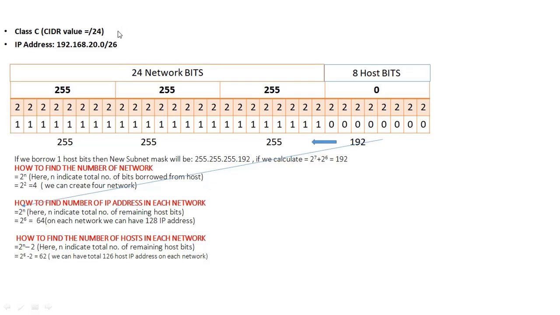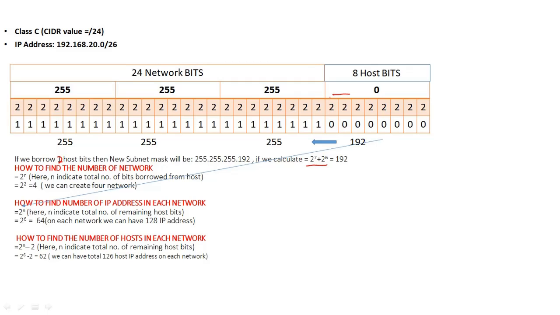So let's take another example of a class C network, which is 192.168.20.0/26. By default, the CIDR value for a class C network is 24, but here in the example we get 26. To make it 26, we need to borrow 2 bits from our host to the network. If we borrow 2 host bits, then the new subnet mask will be 255.255.255.192. You can see here we get 192 because we borrowed 2 host bits to the network.